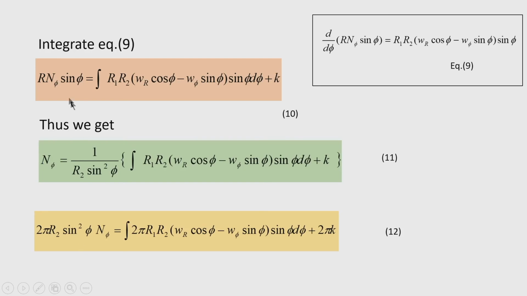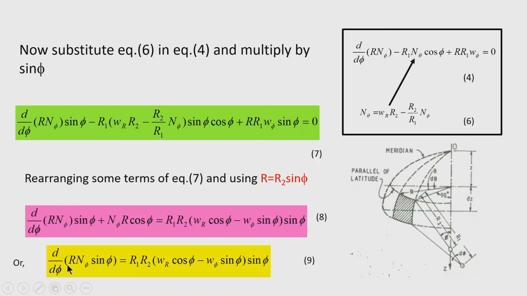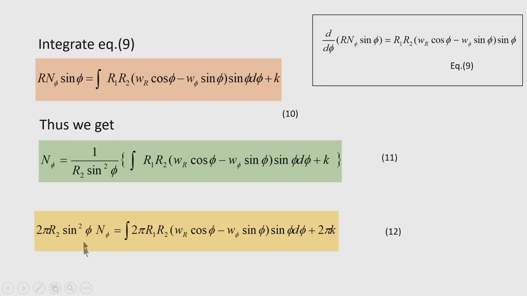After integrating this expression we get r n phi sin phi, so we are now getting the value of one membrane stress, that is n phi. Integrating, we get r n phi sin phi equal to the integral of r 1 r 2 (w r cos phi minus w phi sin phi) into sin phi d phi plus k. K is a constant of integration.